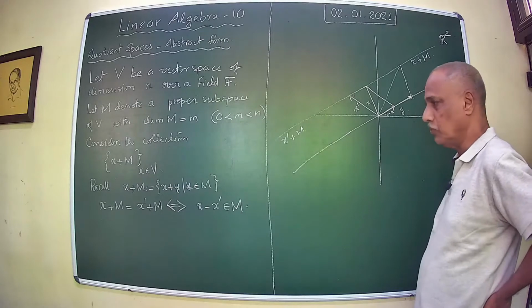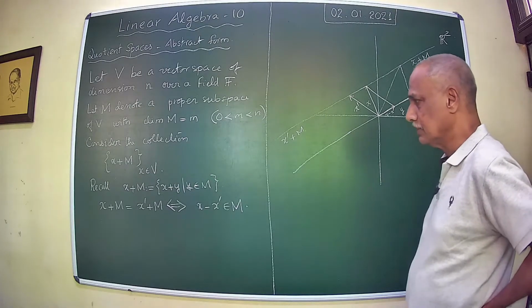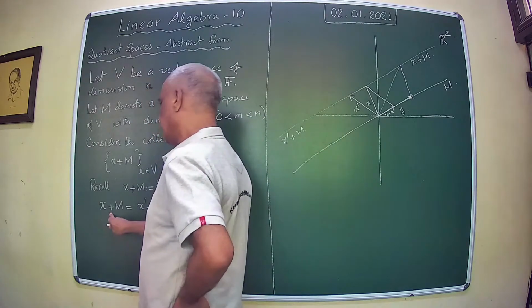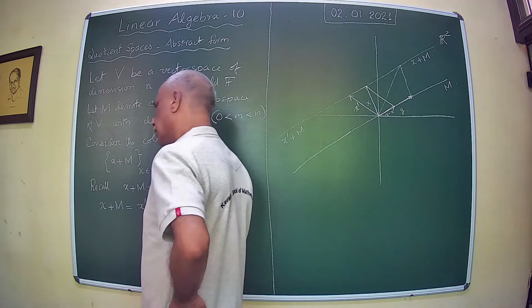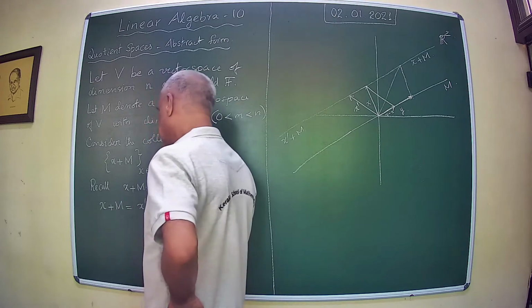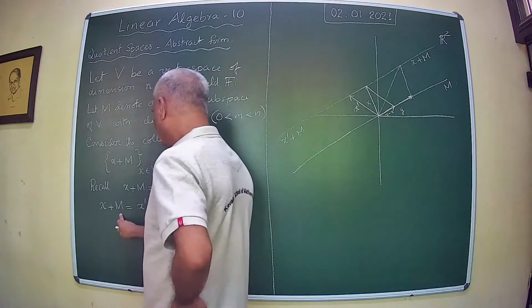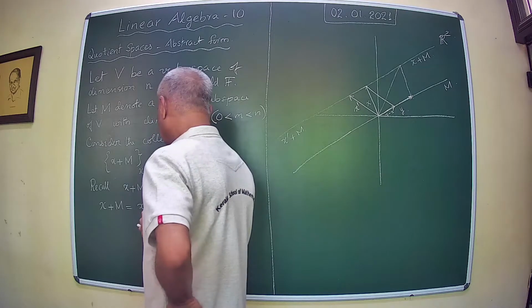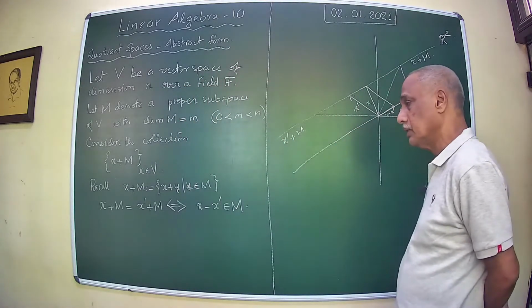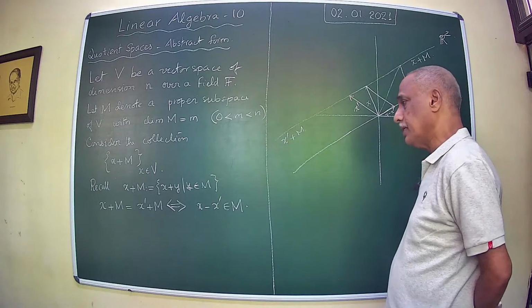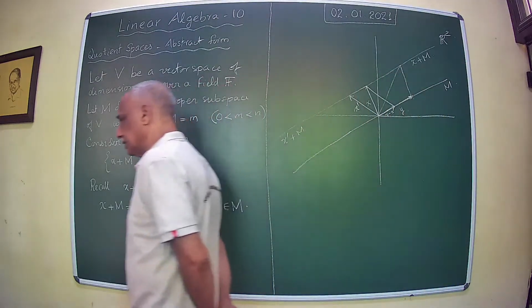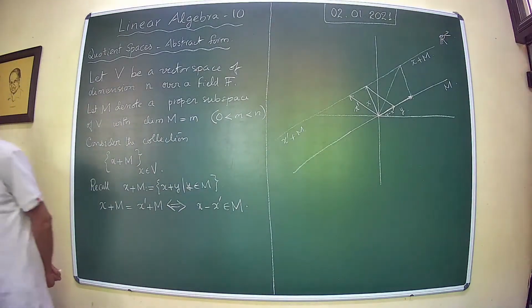Well, it needs a proof, and it's not difficult to prove this. Take a typical element of x plus M, then that is equal to a typical element of x prime plus M, which means this relation is true. Then you see that x plus y1 is equal to x prime plus y2. So x minus x prime is y2 minus y1, and both y1 and y2 are in M, and M is a subspace.